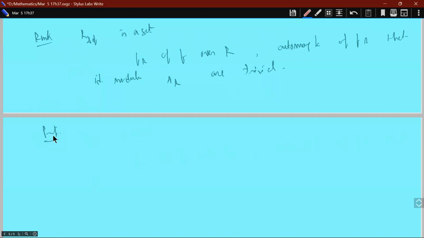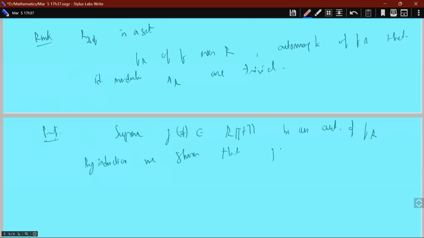So suppose it is an automorphism. So we'll use induction, induction on P. So we're using induction on P, right?